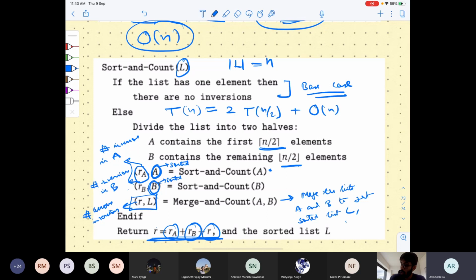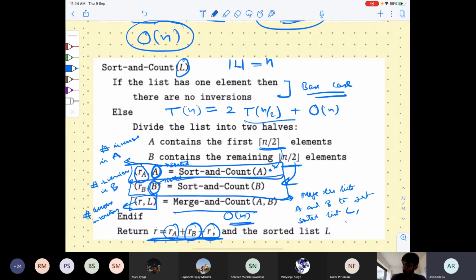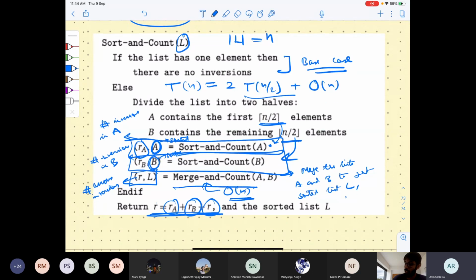Why 2T(n/2)? We are applying recursively the same algorithm on half the size. That is why we get 2T(n/2), plus order n for the merge and count, which we just showed takes order n. So this is the recurrence that we get.